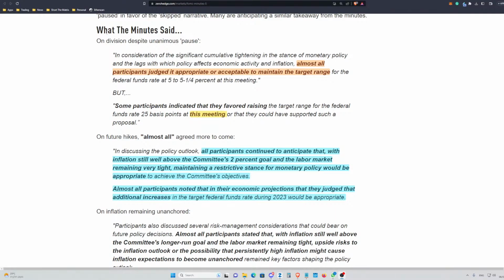So the summary of what the minutes said yesterday. In consideration of significant cumulative tightening in the stance of monetary policy and the lags with which policy affects economic activity and inflation, almost all participants judged it appropriate or acceptable to maintain the target range for the federal funds rate at 5 to 5.25% at this meeting, meaning almost all of them didn't want to raise rates yesterday.